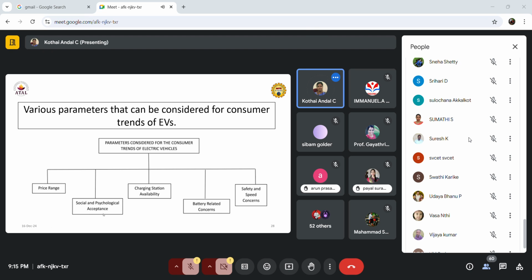So we still have to improve in this area. Then charging station availability.